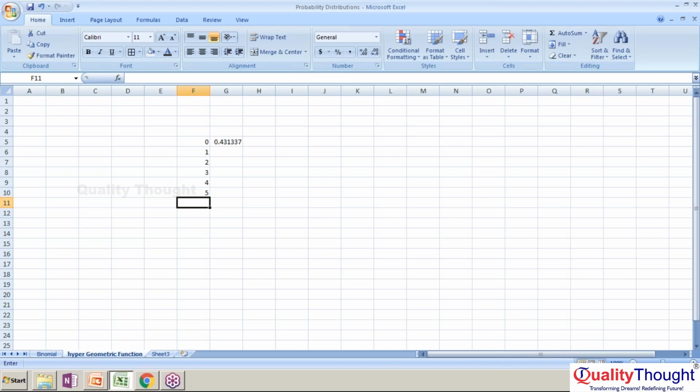I can even see the probability of selecting 6, 7, something like this also. Enough, I just wanted to expand. Nothing more than that.